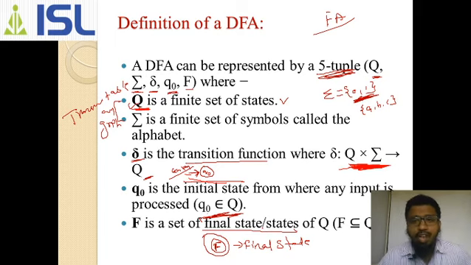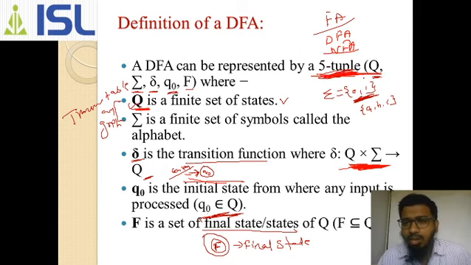And here the 5 tuples are there. As I told you, if you have an FA, DFA or NFA, these 5 tuples will be there. First one is Q, capital Q, sigma, delta, Q0 and F.